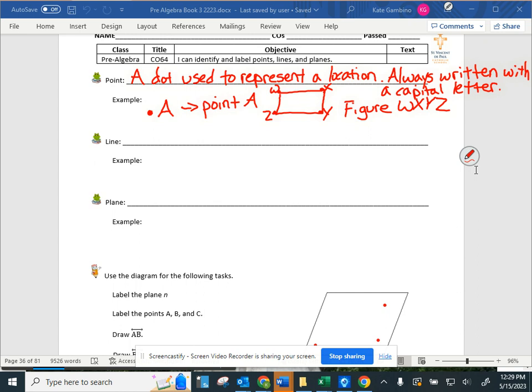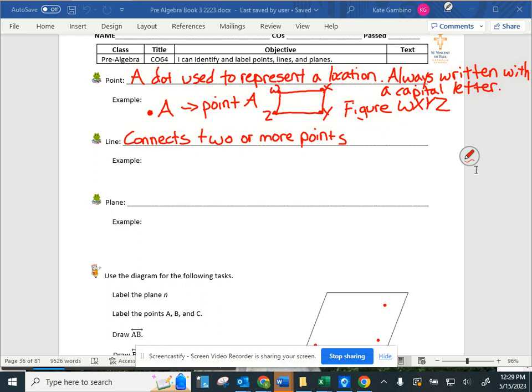A line connects two or more points. It's straight. This is not a J, it's a semicolon.